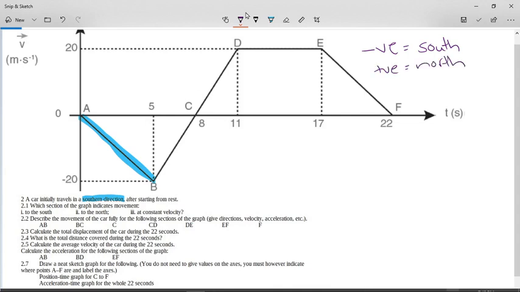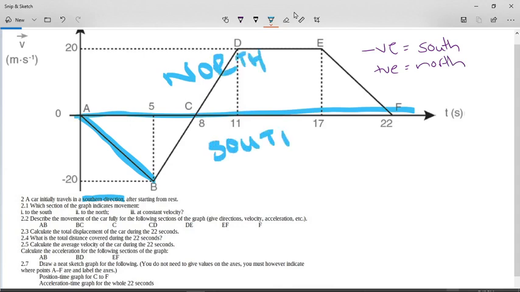So for this whole graph, anything above this axis is north up here, and this is south down here, because that's how a velocity time graph works. When we have a velocity time graph, the sign of the velocity depends on the direction the object is moving. So the first question asks you, which section of the graph indicates movement to the south?